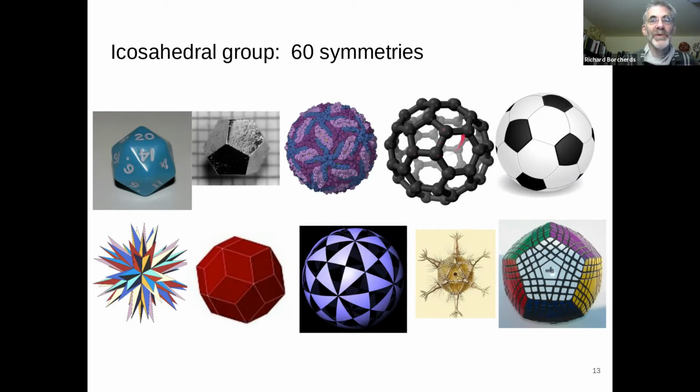This one's a molecule of Buckminster fullerene, and this one here is a reflection group which actually is order 120, but if you take the subgroup of the rotations of this reflection group, it's again the icosahedral group. So the icosahedral group turns up quite a lot.